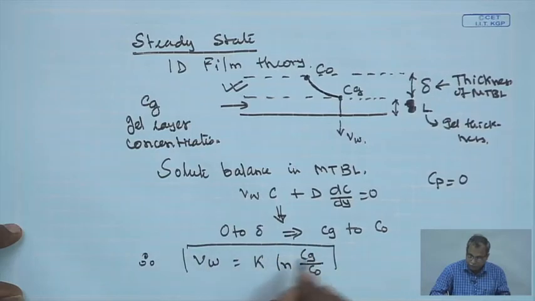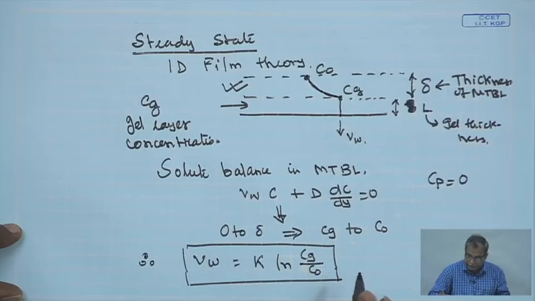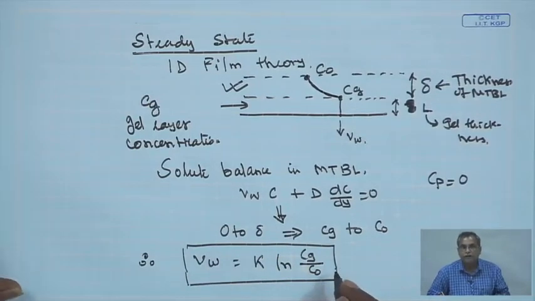So, this is the steady state equation of the permeate flux in the gel polarization case, and the mass transfer coefficient can be estimated depending on the flow domain, whether it is laminar or turbulent flow, and whether you are working with a tubular module, a flat sheet geometry, or a hollow fiber module.